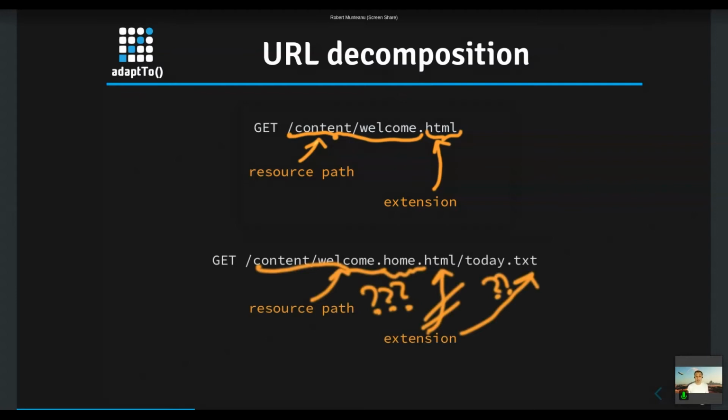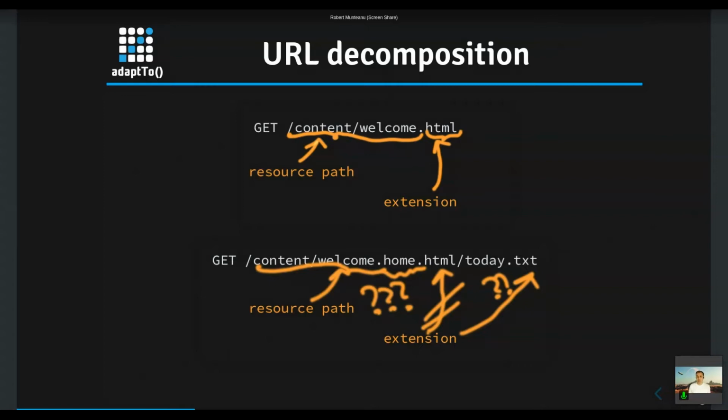Sometimes it gets a bit more complicated. And one good rule to remember is that you cannot make guesses about the resource path by looking at the request, but only by looking at the repository. And Sling has a very well-defined algorithm.